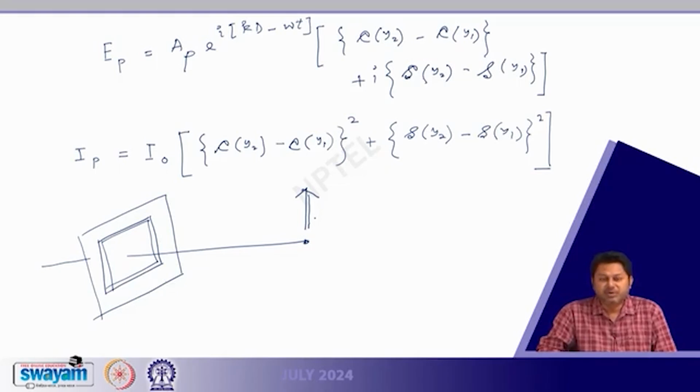It is not simple because it deals with the C and S functions, and also the concept of the Cornu spiral will come into the picture, because here you can see this is coming like C y2 minus C y1 whole square and S y2 minus S y1 whole square. So, if I put y1 to be 0, then it should be simply C y2 and S y2 square of that.